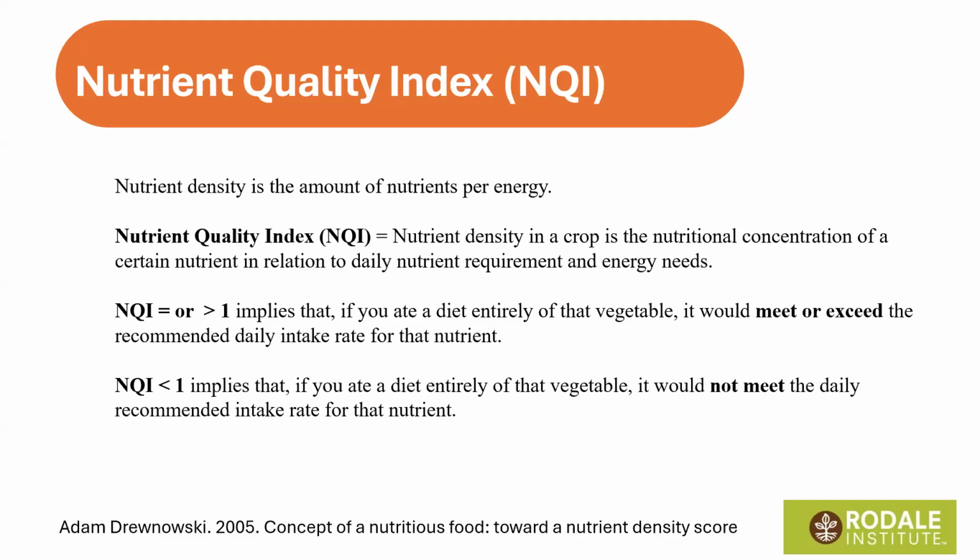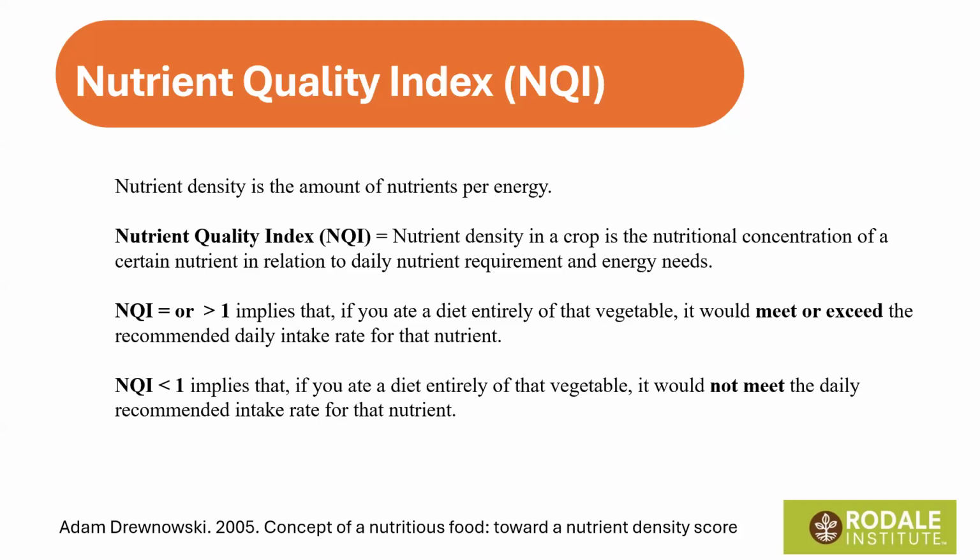And also, we have to relate it to the daily nutrient requirement of an adult. The USDA has published tables on what your daily intake should be for an adult or a pregnant woman or a child, or different genders, female or male, and different ages.